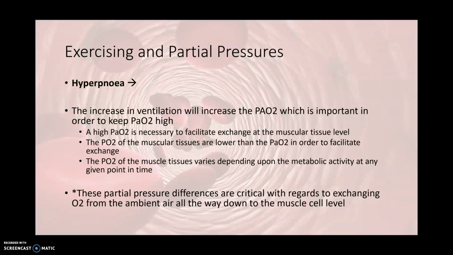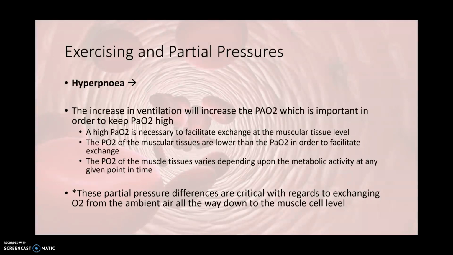We need the partial pressure in the arterial blood to be fairly high because we want an efficient exchange at the muscular tissue level. So the wider the gradient, the easier the movement of oxygen or nutrients from one location to the other. Like I said from the beginning of class, everything in our body is pretty much governed by gradients.